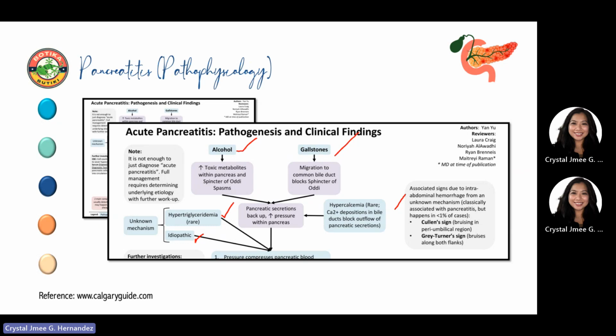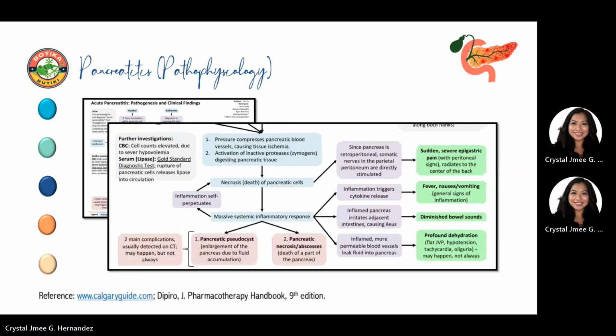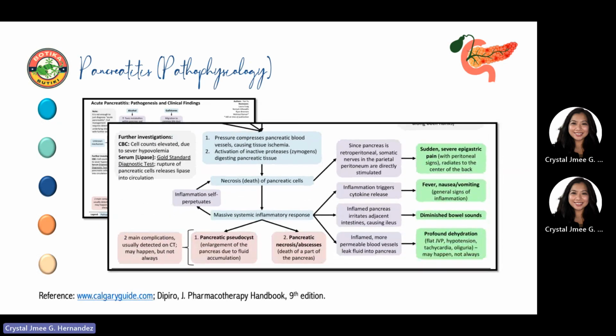Following this diagram, all of those mechanisms will lead to pressure compression of the pancreatic blood vessels, causing tissue ischemia, and then the activation of inactive proteases or zymogens digesting pancreatic tissue. This will lead to necrosis or the death of pancreatic cells, and eventually to a massive systemic inflammatory response. The inflammatory response is self-perpetuating.